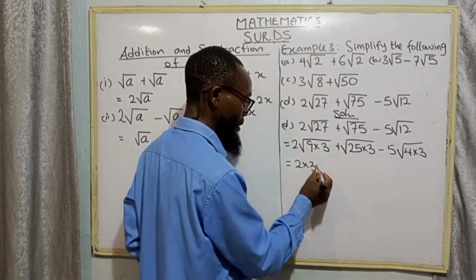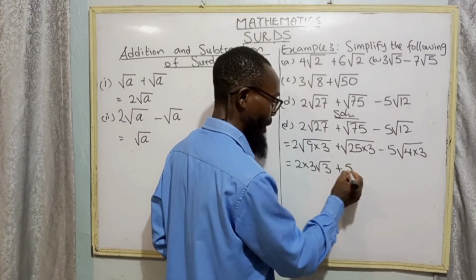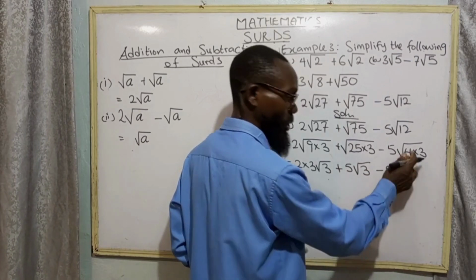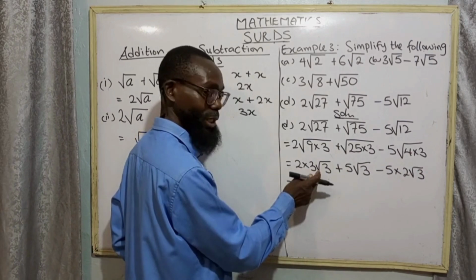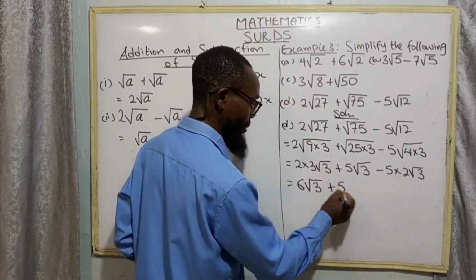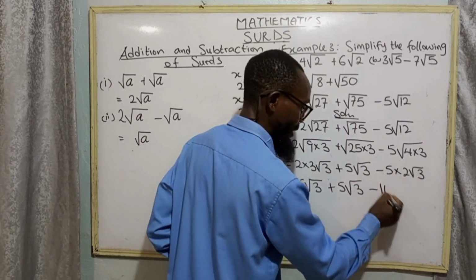We have 3 root 3 plus square root of 25, 5 root 3, minus 5 multiplied by square root of 4 is 2 root 3. So we have 2 times 3, we have 6 root 3 plus 5 root 3 minus 5 times 2, 10 root 3.